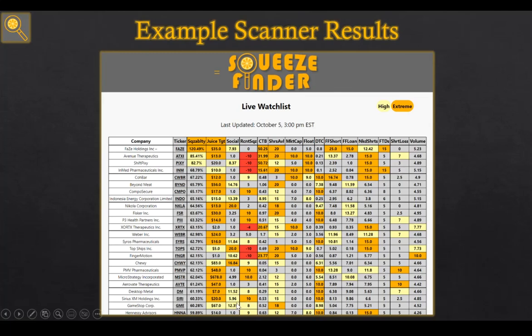As you work your way down towards the bottom, there's a lot more gray and a lot less color, and obviously at the top there's a lot more color. We'll take a closer look when we jump on the real website, but this is just an example.